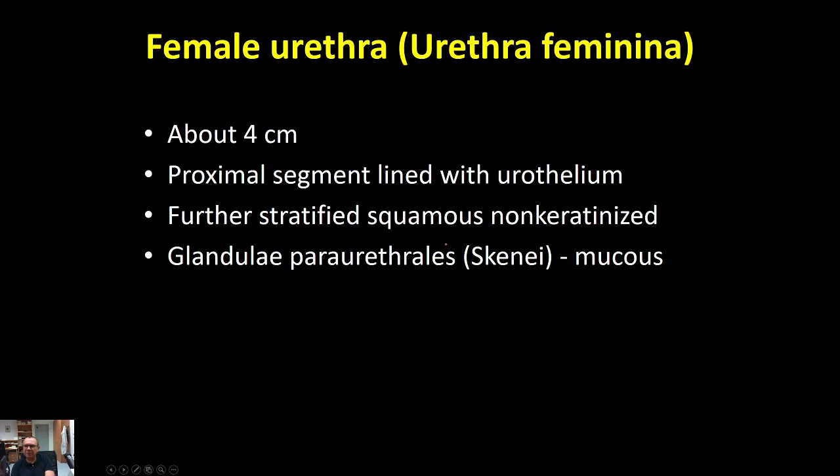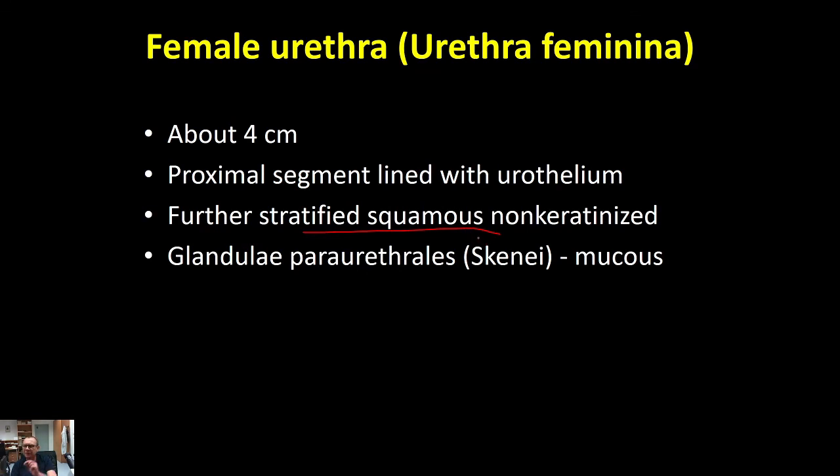Female urethra is much shorter and has only two segments. The proximal, intramural segment is lined with urothelium again, but it's very short, and then the whole remaining female urethra is lined with stratified squamous epithelium.